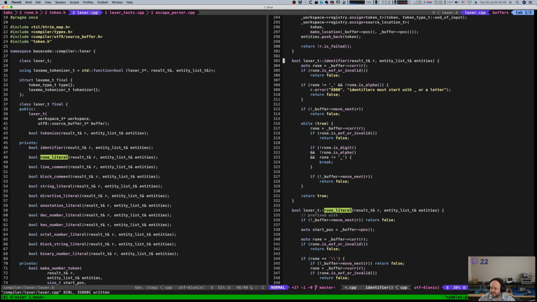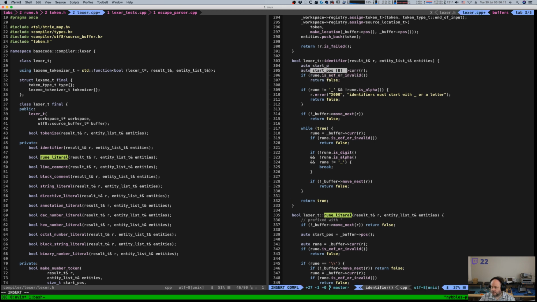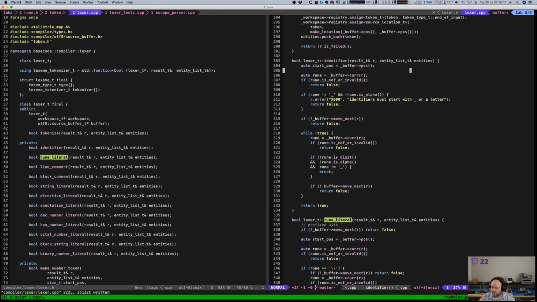And in this case, we grab our start position right away. Oh my gosh, my back is killing me today for some reason. So then we fall into this loop, and we read the current character at the current position.